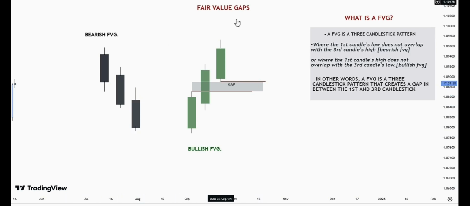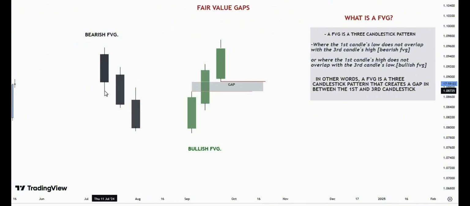For example, you can see this first candle's low is overlapping. This low is overlapping this third candle's high, like they are intertwining. This one entered this one, you get, side by side.